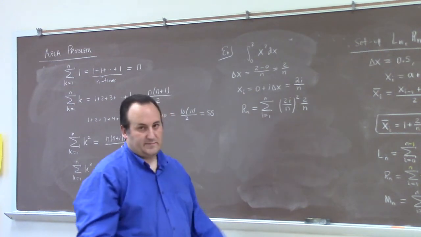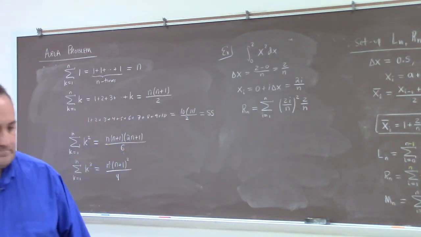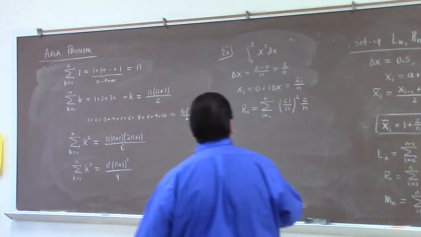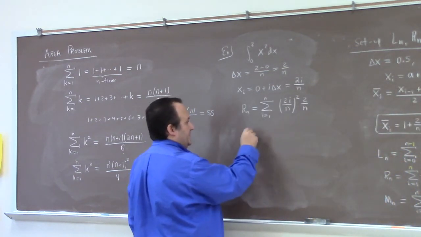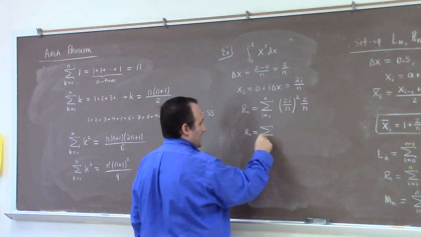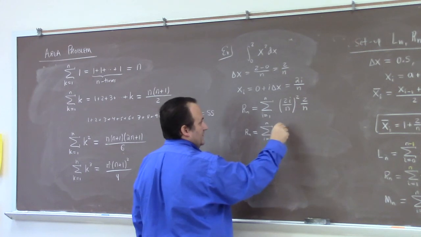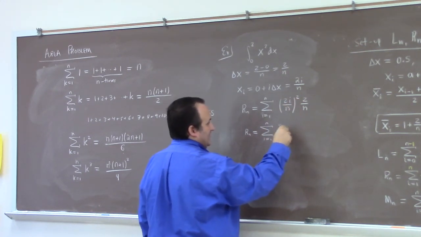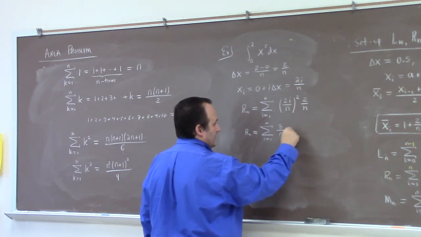So there's R sub n. That gives us R_n equal to the sum, i equals 1 to n, of 2 squared is 4, so I've got an 8 divided by n cubed, times i squared.